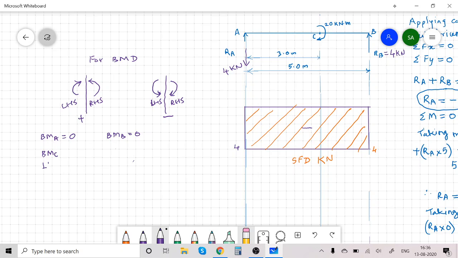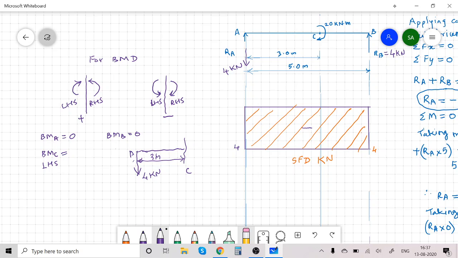First consider left hand side. I am considering this section C. This is A, which is not upward, it is a downward 4 kilonewton. This distance is given as 3 meter.